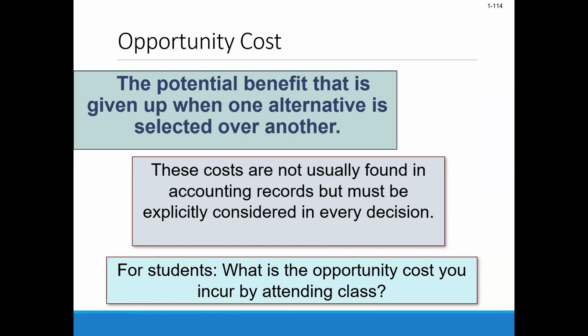The opportunity cost is what is not happening because you're here today. While we can't always put a figure to it, it's real, and it is something that's being given up in order for you to be here. What's the opportunity cost you incur by attending class? Well, you can't work. You might need daycare for your kids, right?